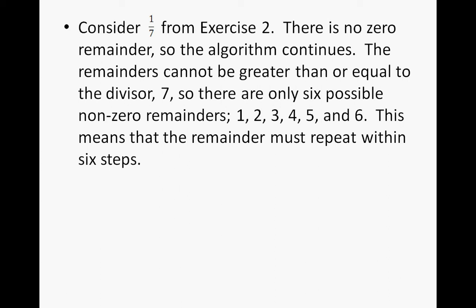The remainders can't be greater than or equal to a divisor of 7, which means there are only 6 possible non-zero remainders: 1, 2, 3, 4, 5, and 6. So the remainder must repeat within 6 steps. And for anything divided by 7, it usually takes that long to start repeating.